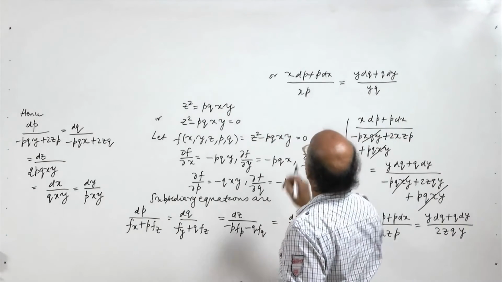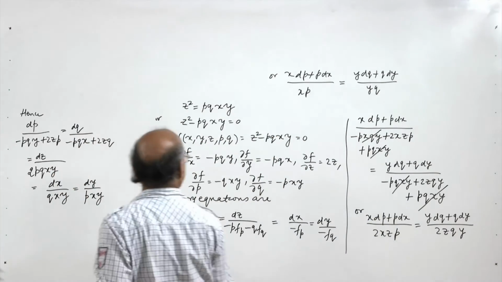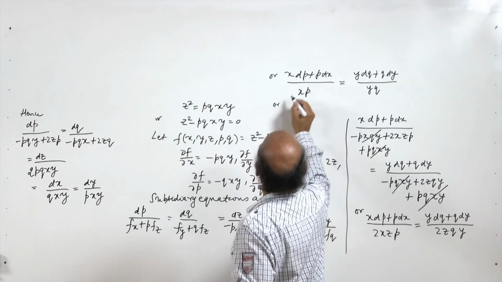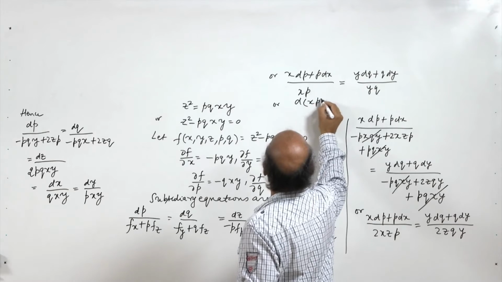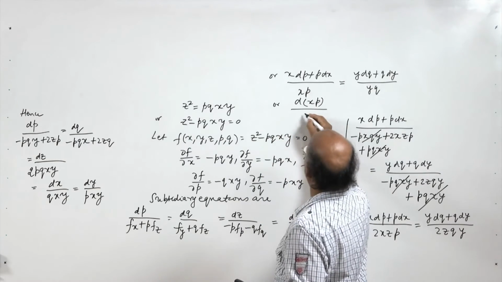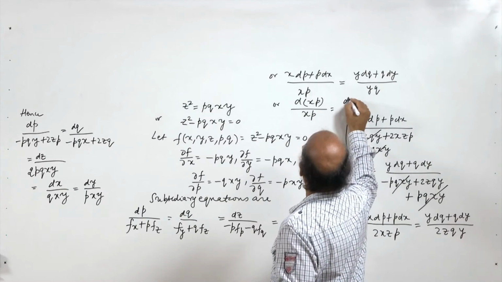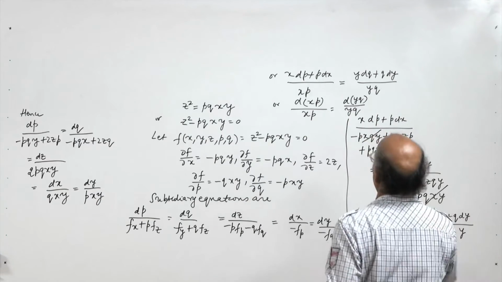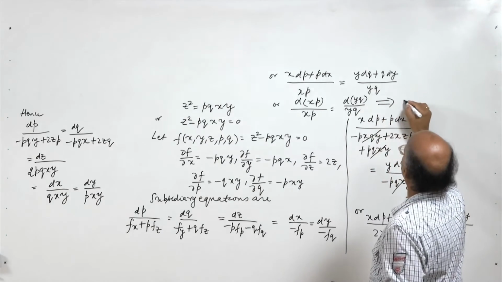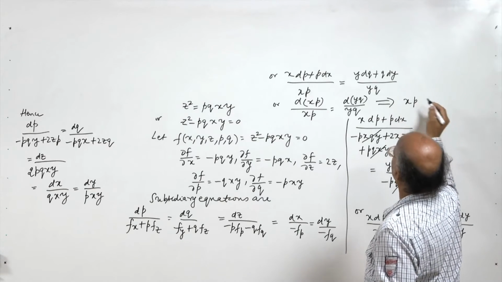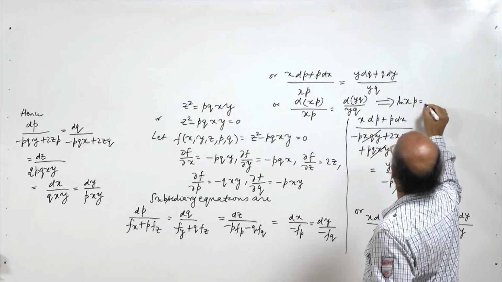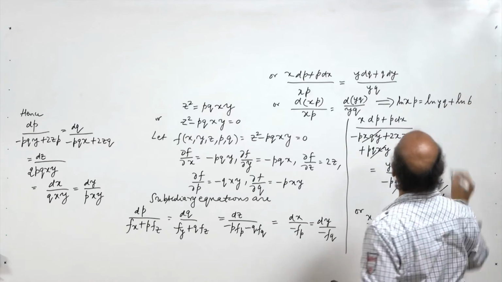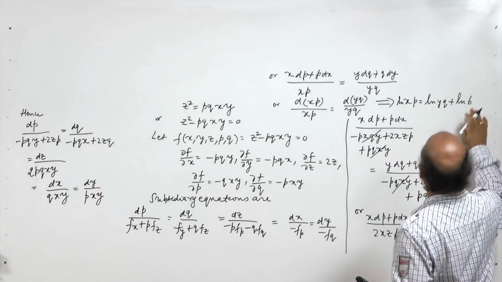Now we can write this further as d(xp)/(xp) = d(yq)/(yq). When we integrate this, we get ln xp = ln yq + ln a, where we take the constant as ln a.